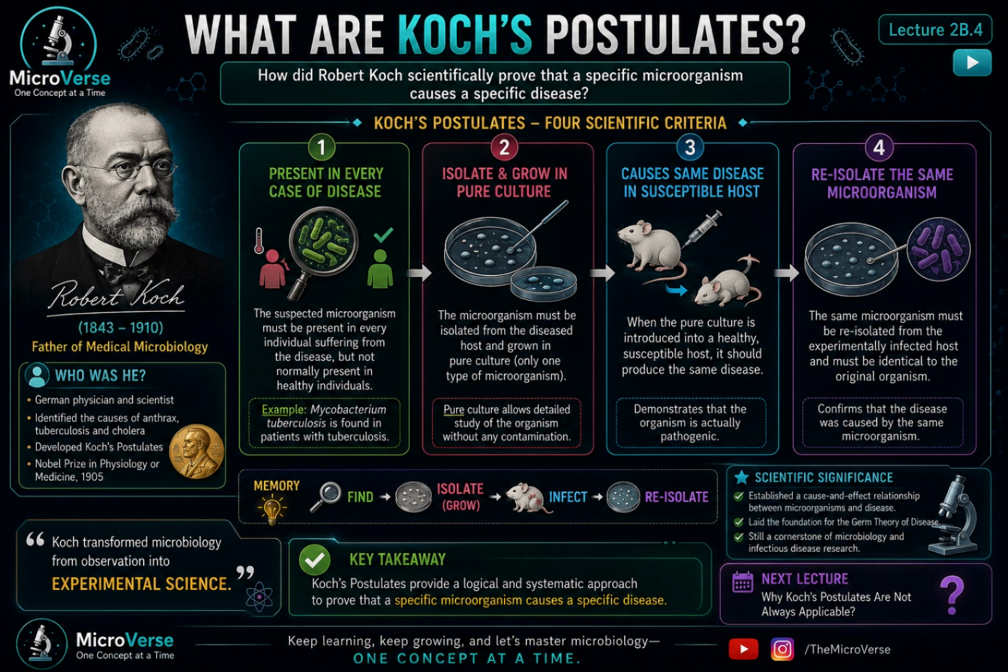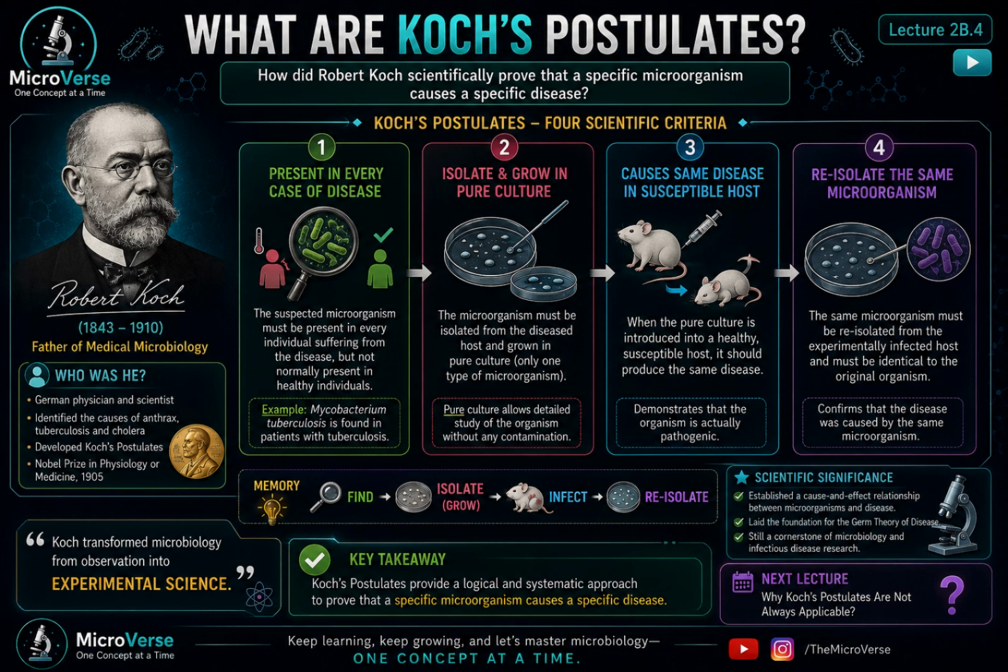To answer this question, Robert Koch proposed a set of scientific principles known as Koch's postulates. Let's understand these postulates one by one. Koch's postulates are four scientific criteria developed to establish a cause and effect relationship between a microorganism and a disease.